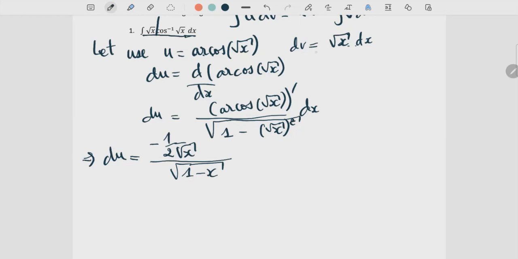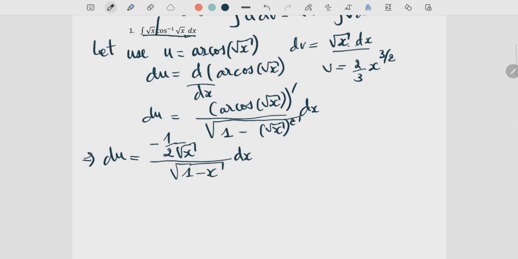And our v: we had our dv was the square root of x, so our v will be 2 over 3 x to the 3 over 2. Right, so there's a dx missing there.